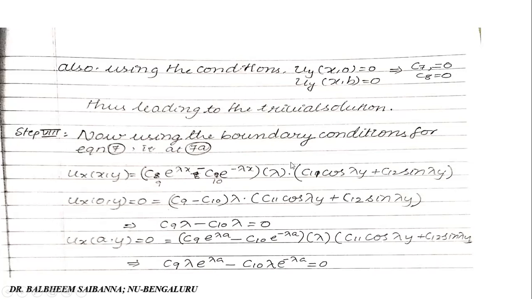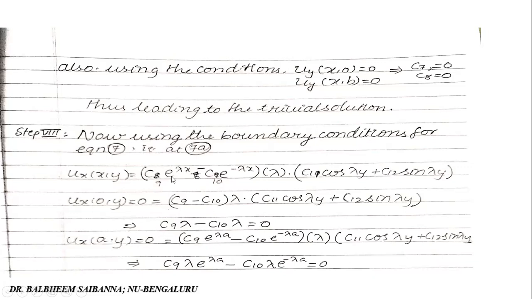Now using the boundary conditions, equation 7, that is 7a, u of (x, y) is equal to (c9 e to the power of lambda x plus c10 e to the power of minus lambda x) times (c11 cos lambda y plus c12 sin lambda y). If x is equal to 0, then use the boundary condition ux of (0, y) is 0.